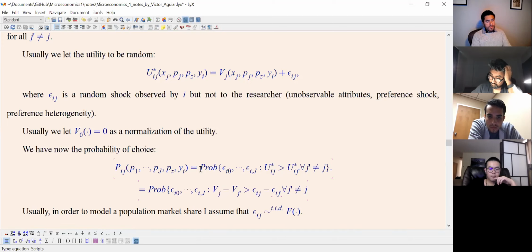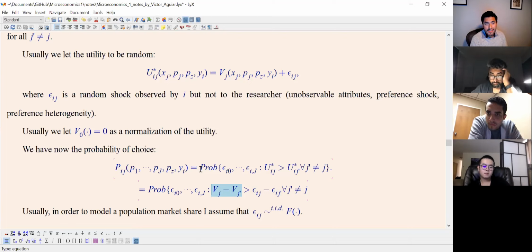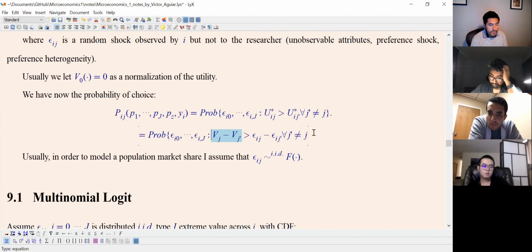So what you have here now is a random utility term; this difference is also a random variable. And now you have here a deterministic quantity. So in this particular case, you can start thinking of the CDF of this difference of epsilons. Everyone understands what's going on here?